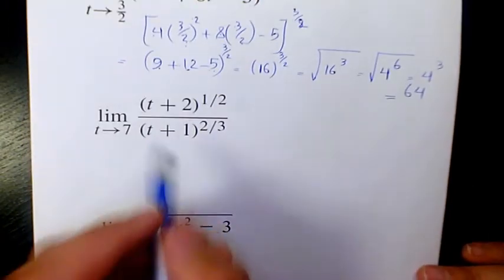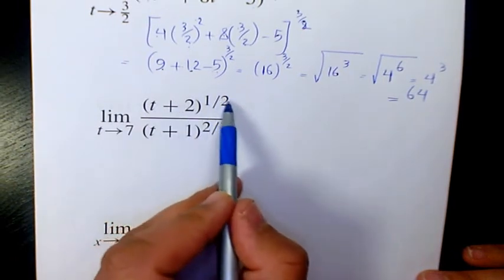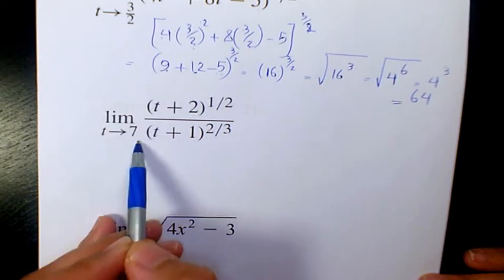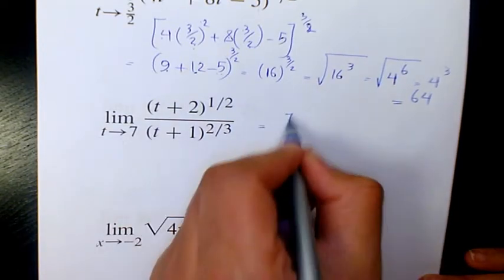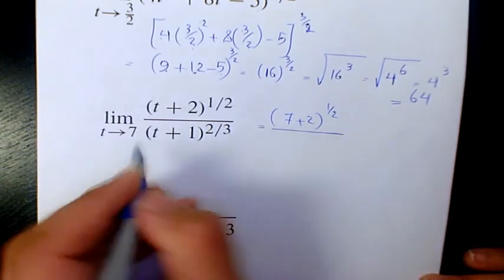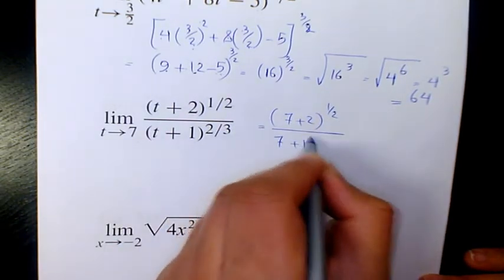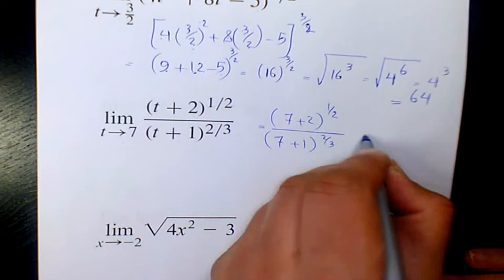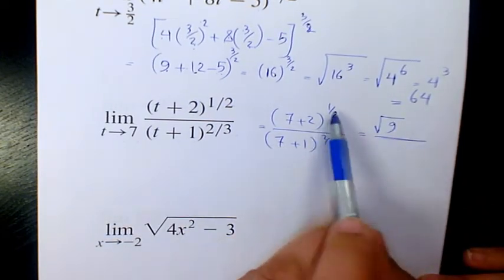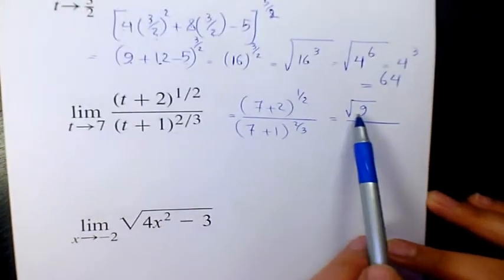Next example. (t + 2)^(1/2) divided by (t + 1)^(2/3) when t approaches 7. So it's going to be (7 plus 2) to the power of 1/2 over (7 plus 1) to the power of 2/3. So that's 9, square root of 9. To the power of 1/2 is the same as square root.